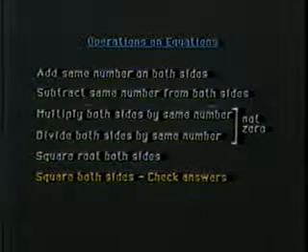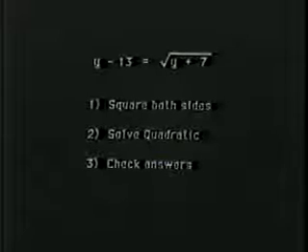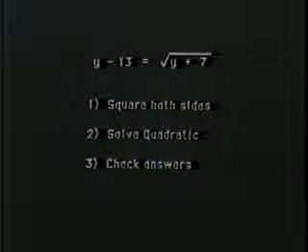Square roots do add a little spice to the process, so let's take a look at another one. We could just leave it as is and square both sides, but it's easier if we get the root on its own first, and then square. Why don't you take it from there and finish it off? Be sure to check your answers by substitution, and then come back.